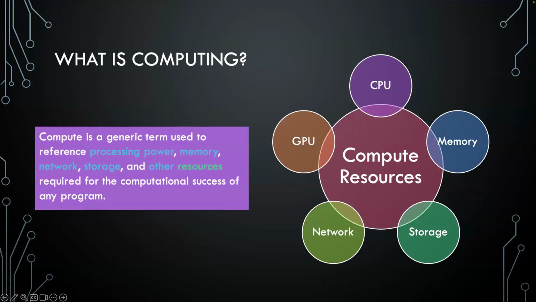So we covered everything except network. I think no one said network, but yeah, we're talking about processing power, memory, network, storage, GPU, anything you can think of that's required for computational success of any program. In more enterprise IT, on-prem, data server room world, we also talk about input and output devices as part of computing, like peripherals.